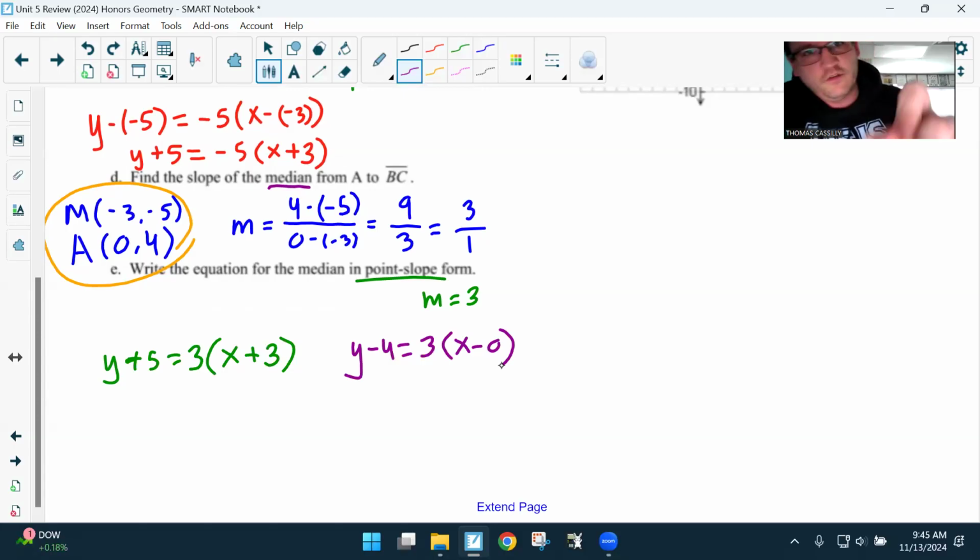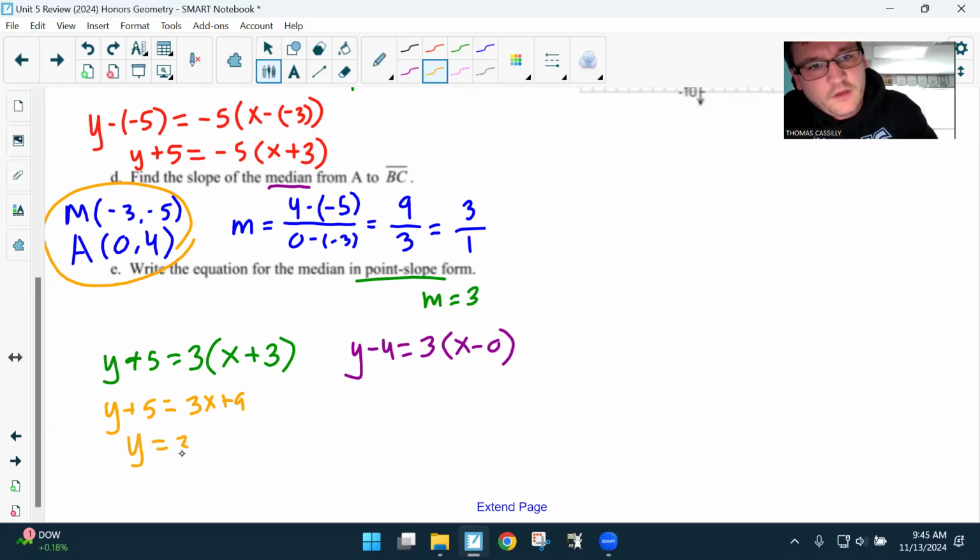But just to make a point here, I'm going to solve these for y. I'm going to say y plus 5 equals 3x plus 9. Then I'm going to subtract the 5 over. I'm going to get y equals 3x plus 4. I'm going to do the same thing over here.